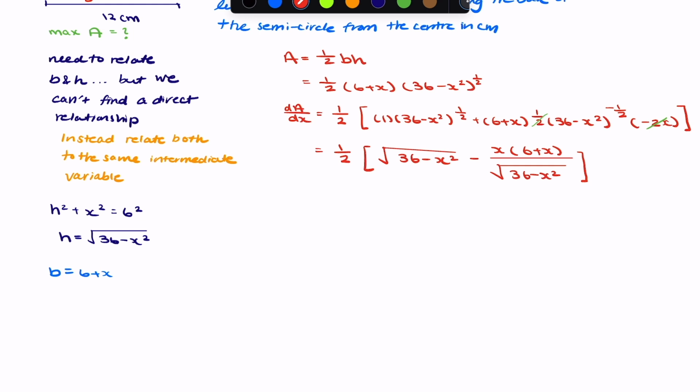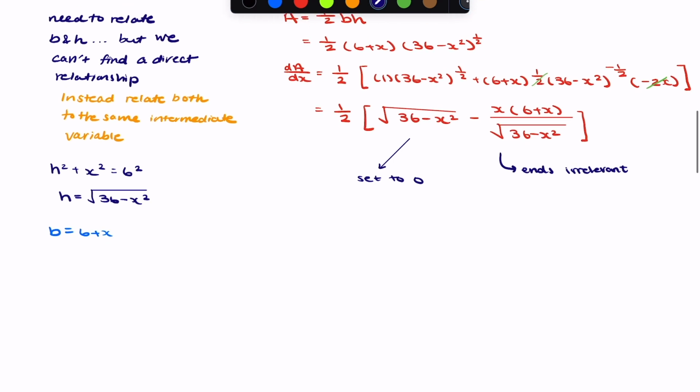And so here what we want to do is set this to 0. And again, in this situation, the endpoints are irrelevant. Okay, so set to 0.